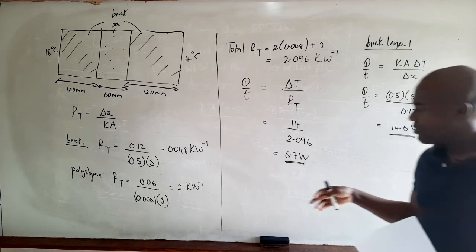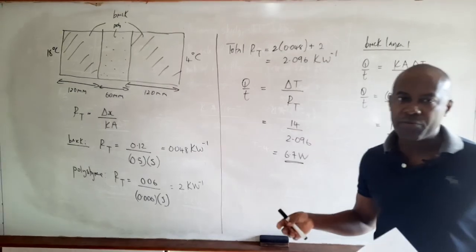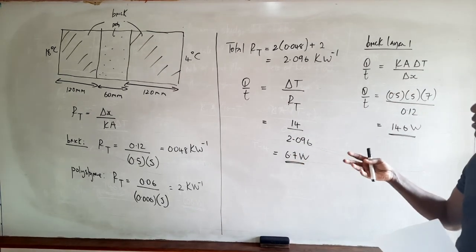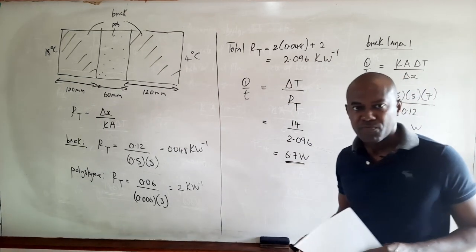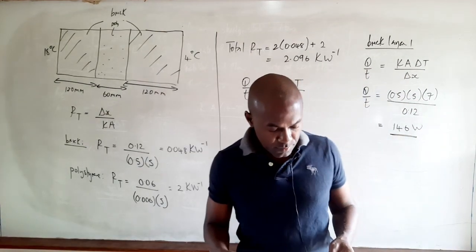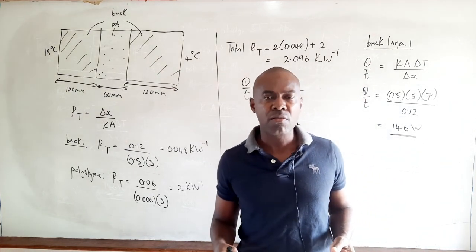So therefore, this is essentially the purpose of insulating materials like polystyrene, to significantly reduce the rate of heat conduction through these types of materials. So that was question 3 from our worksheet on thermal conduction.